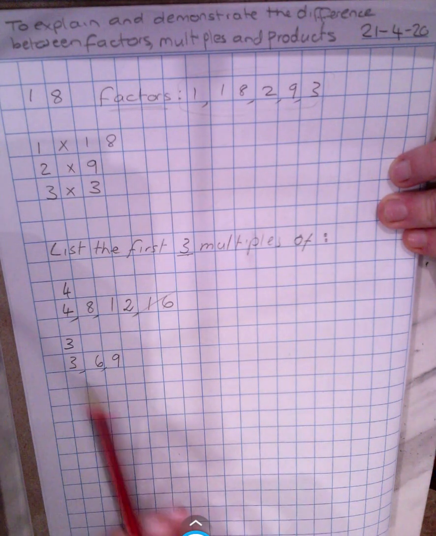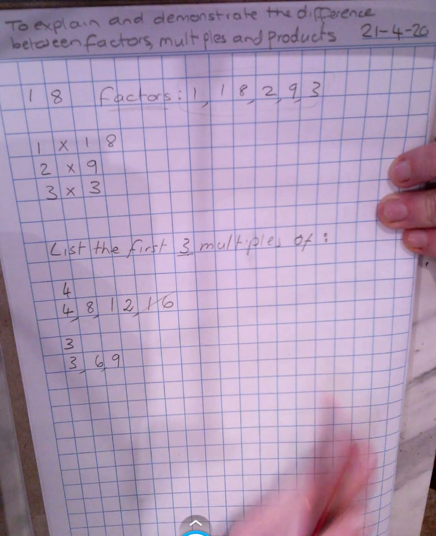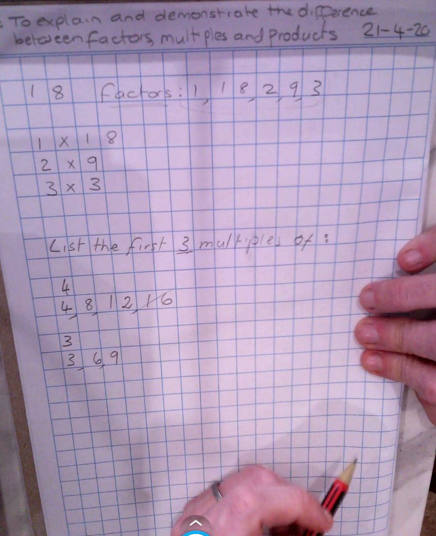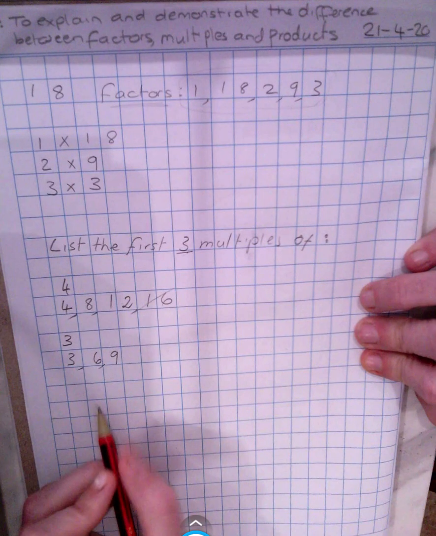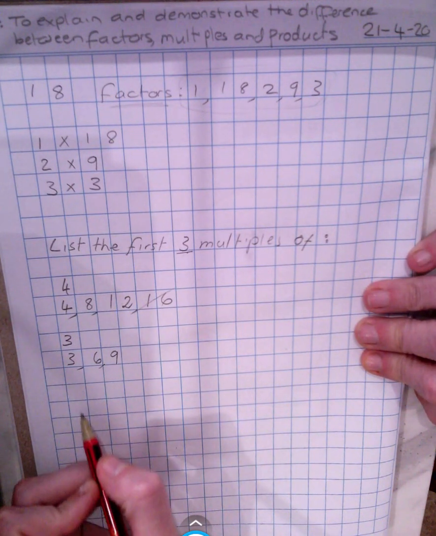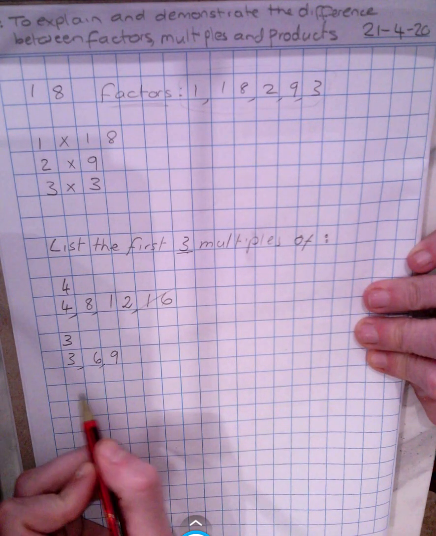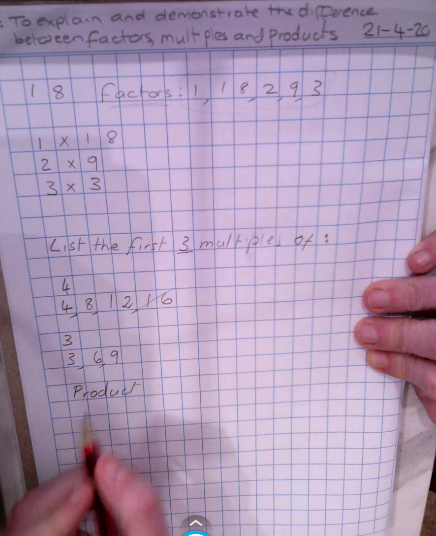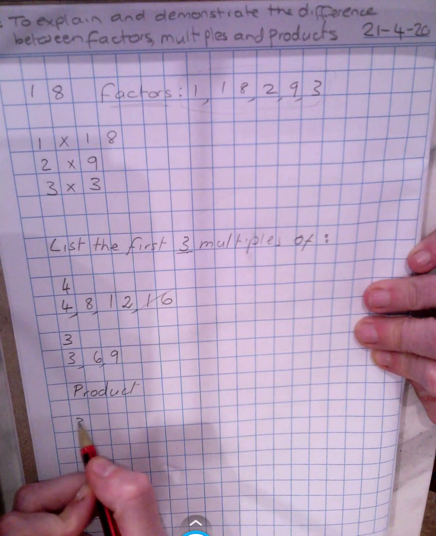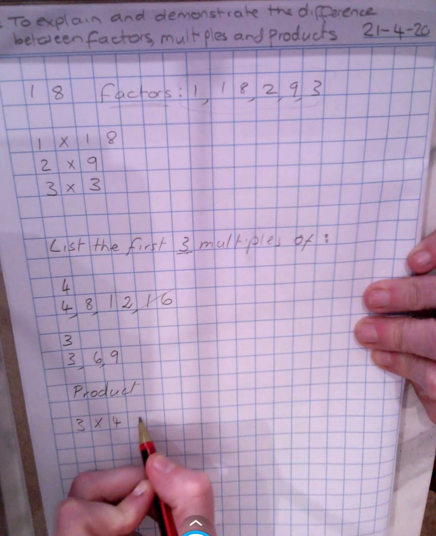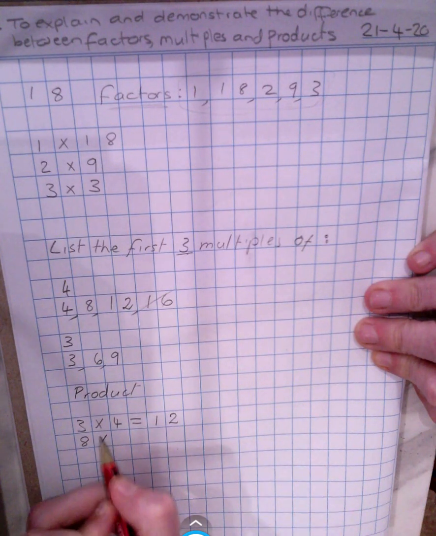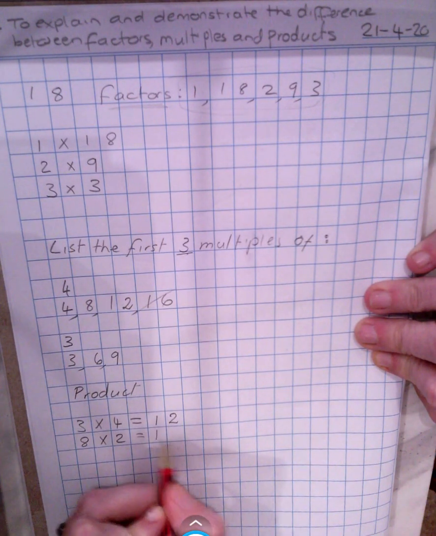So when we're looking at multiples, we're looking at the answers to your multiplication tables. All right, and when we're looking at a product, it is the answer to any 2 numbers multiplied together. So if I multiplied 3 times 4, the product would be 12. 8 times 2, the product is 16.